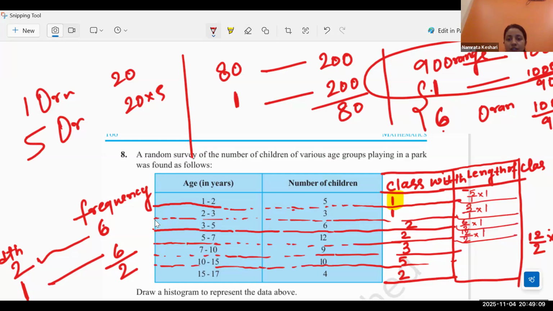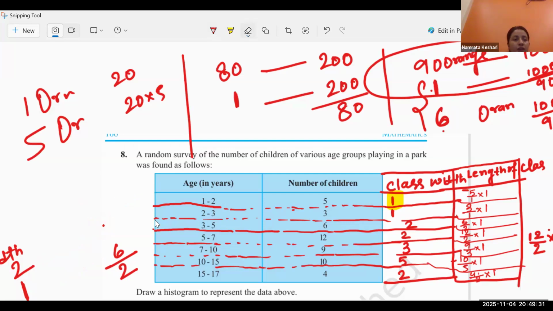Then frequency divided by 3 into the fixed one. Then frequency divided by 5 into the fixed one. And then frequency divided by 2 into the fixed one. Actually, it is coming from this unitary method only. Is it clear to all of you? Yes, ma'am.